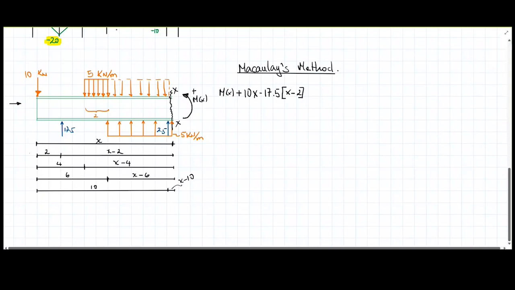Then this distributed force is going to be acting from this point here, and it's going to be acting the whole way around. So it's going to be creating a positive moment according to the sign convention I have just set here. This is going to be the force, 5 times the distance, which is this one.